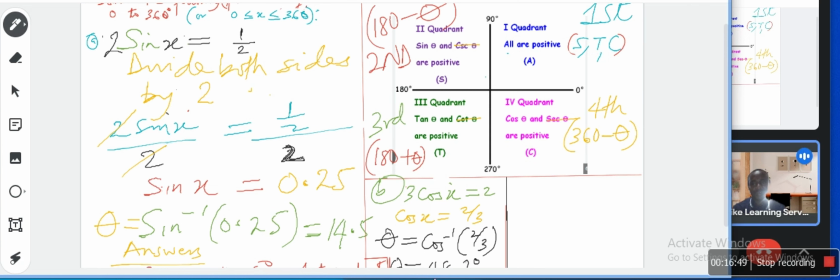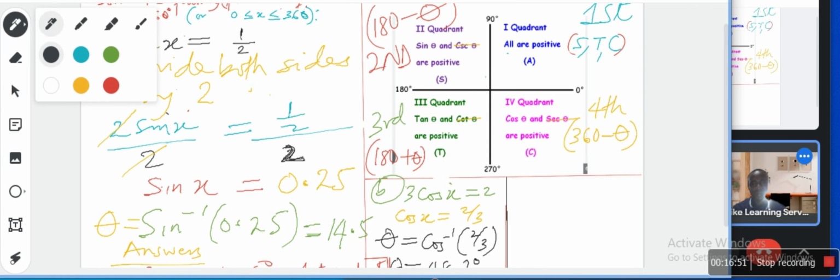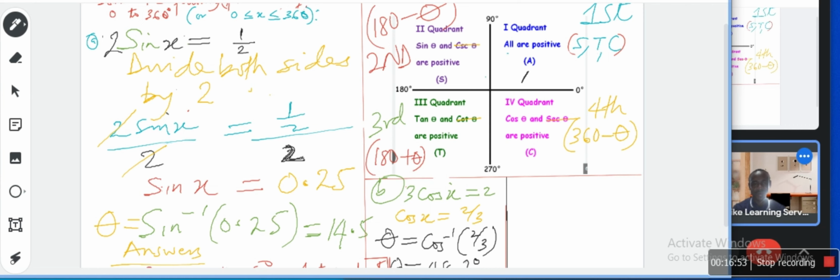A for All. You would have heard about it before, or is it the first time? Maybe I should be writing it close to it. It will help you to remember.